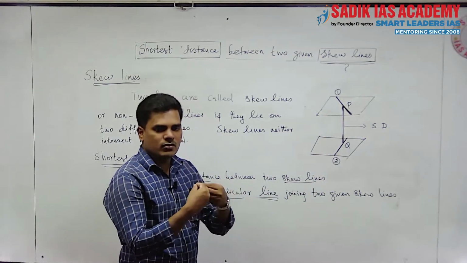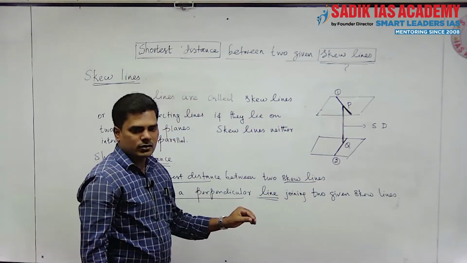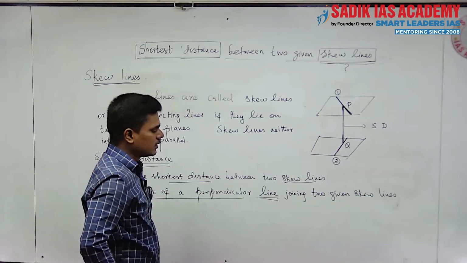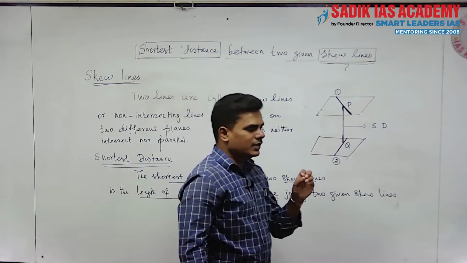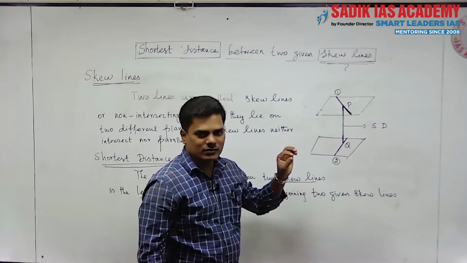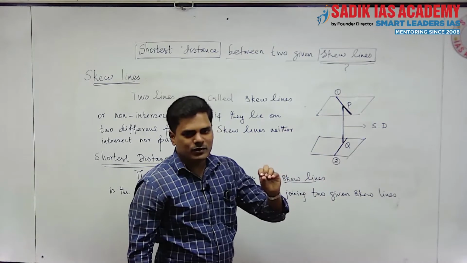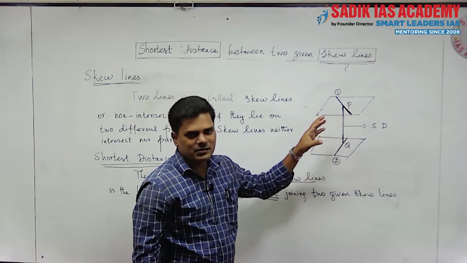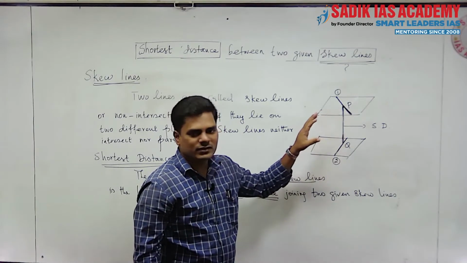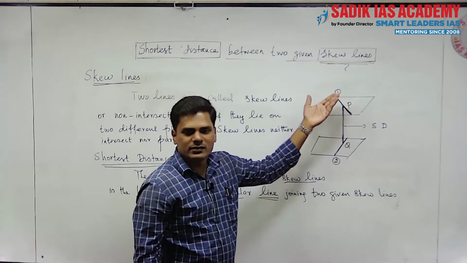Whatever we discussed, we are going to recall and solve the problems. First we will write the general method. Here we have 3 categories. They are going to give 2 skew lines. If the 2 given lines are in symmetric form, how to find the shortest distance and the equation of the shortest distance. One line is in symmetric form and another line is in general form.